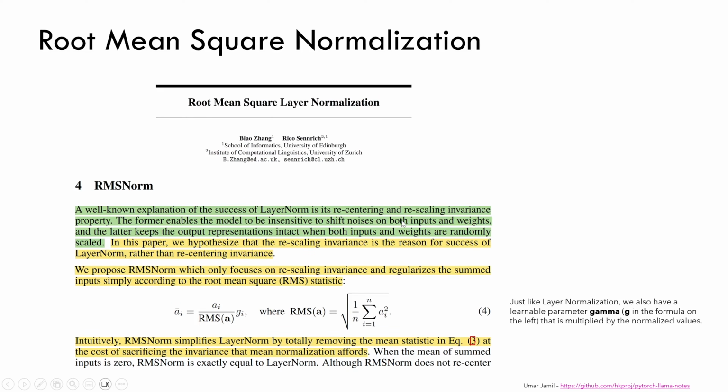They asked: can we find another statistic that doesn't depend on the mean, because we believe it's not necessary? Yes, they use this root mean square statistic, defined here.